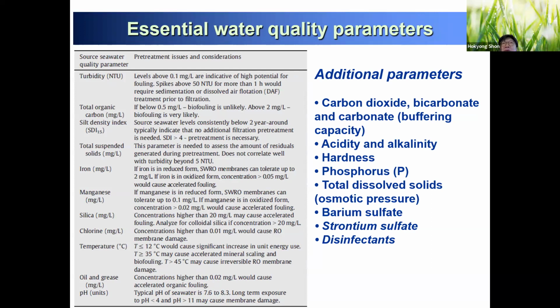So how can you calculate? There are formulas you can calculate with. Theoretically, water temperature change changes viscosity and density, and your membrane production will change. So how can you calculate for your design?